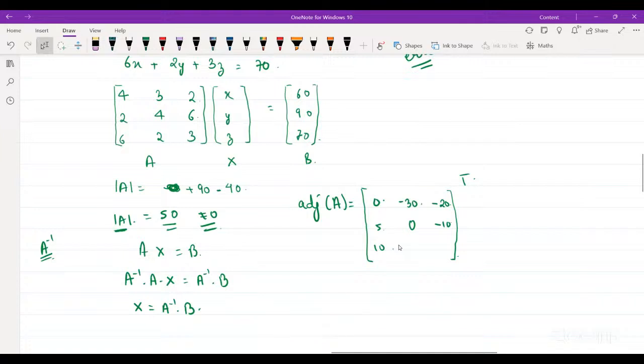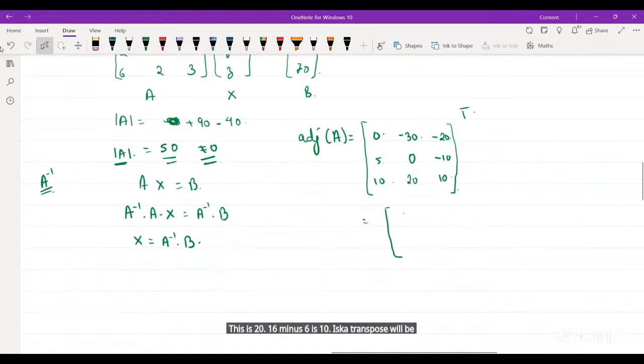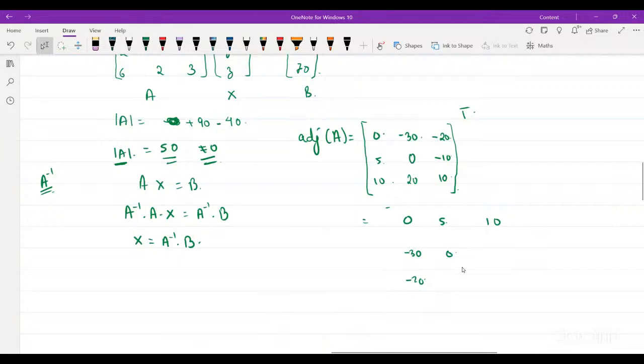This is 20. 16 minus 6 is 10. Its transpose will be 0, 5, 10, minus 30, minus 20, 0, minus 10, 20, 10.